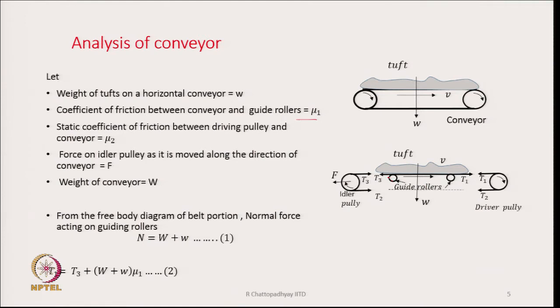So, the conveyor could be a long conveyor and there are supporting guide bars or guide rollers, like it is shown in the lower diagram also. Let us say the coefficient of friction between these two is mu 1 and the static coefficient of friction between the driving pulley and the conveyor is mu 2. Okay. Now, the force on the idler pulley, so there are two pulleys.